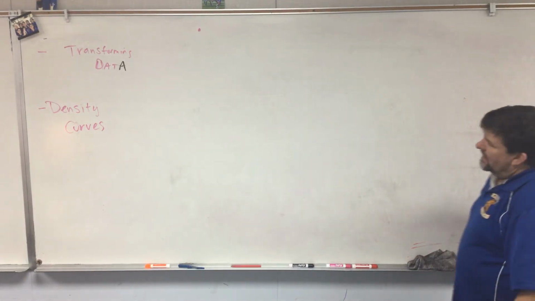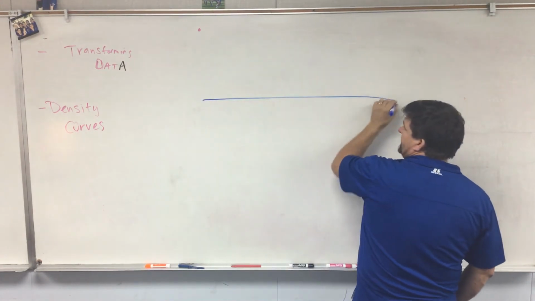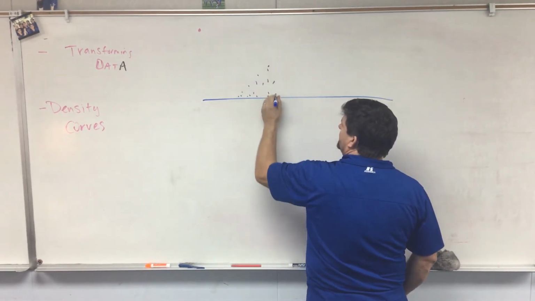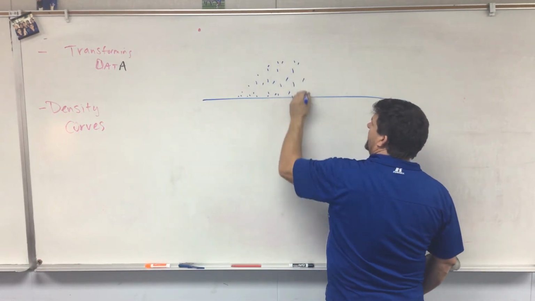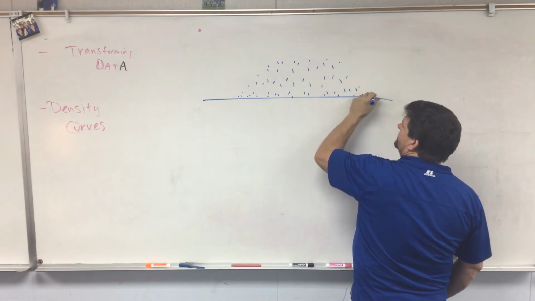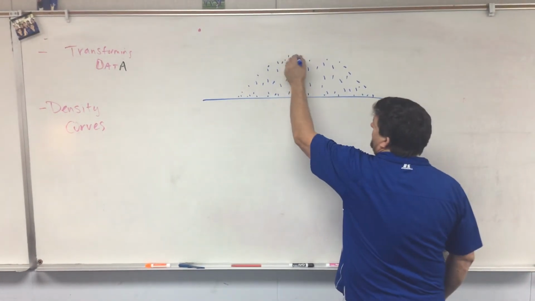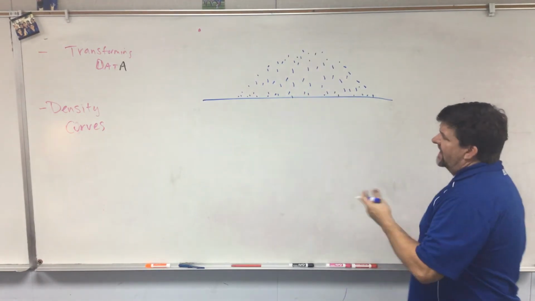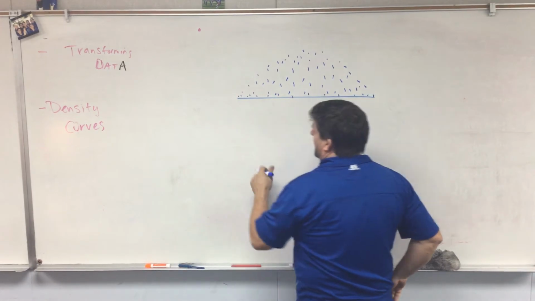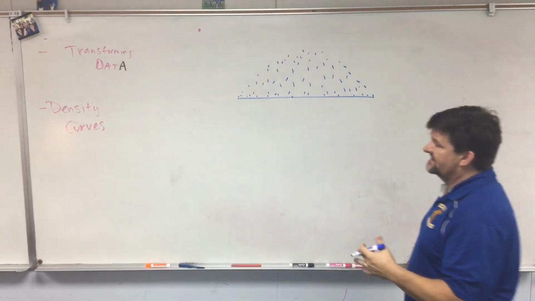So let's look at density curves. Let's just throw this one here, and I'll just put a dot plot. What we have here is a bunch of dots for data. It doesn't matter what it is or the number of them right now. It's just the idea of what's called a density curve.